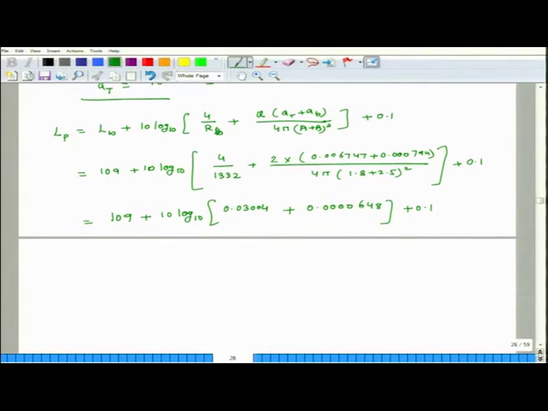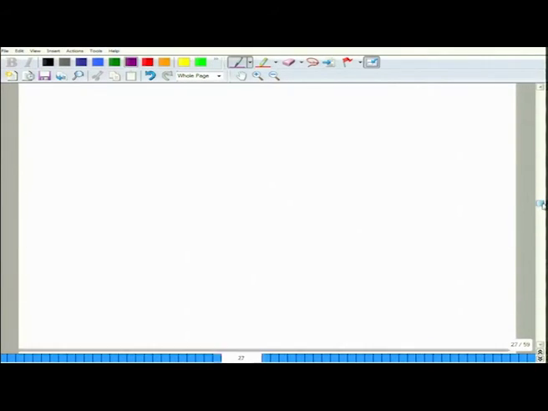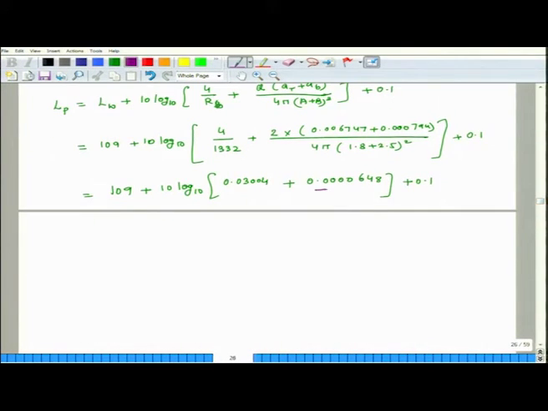Now, you see this term Q over 4 pi r square was attributable to the direct sound field, it was 0.01767. This number has gone down very significantly. Almost 99% of that thing has vanished, because this is the direct sound field term. This number is the reverberant field term.